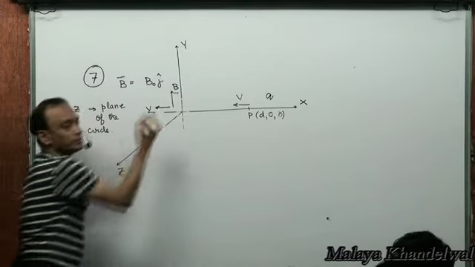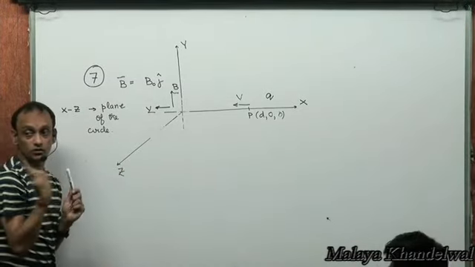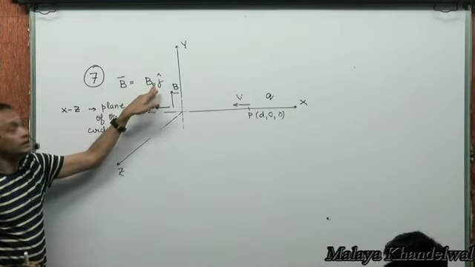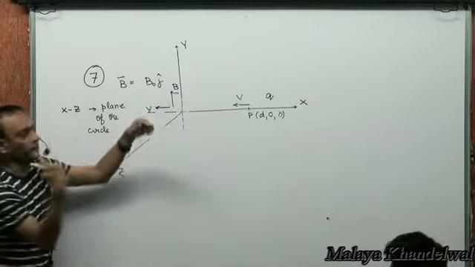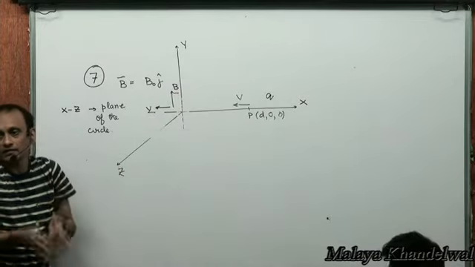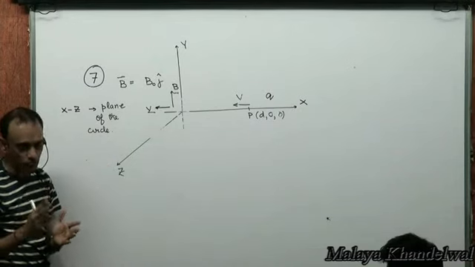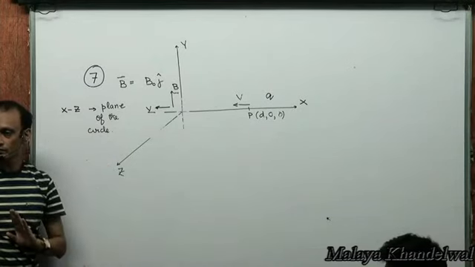Because V and B are perpendicular, so it will execute a circular trajectory. And the plane of the circle is hit by the B lines normally. If B lines are in the Y direction, the plane of the circle must be the XZ plane. XZ plane is perpendicular to the Y direction. Right? What about its weight?